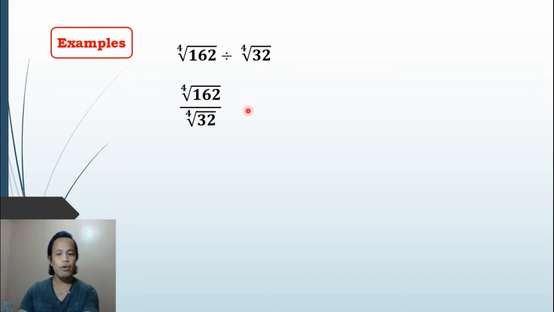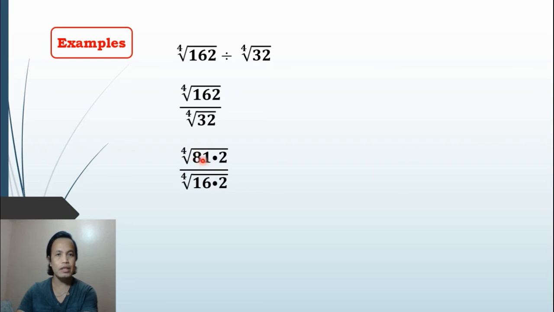So we find the factors of 162 and 32 such that one of the factors is a perfect fourth power. For 162, this can be factored using 81 times 2, because 81 times 2 is 162, and 81 is a perfect fourth power.